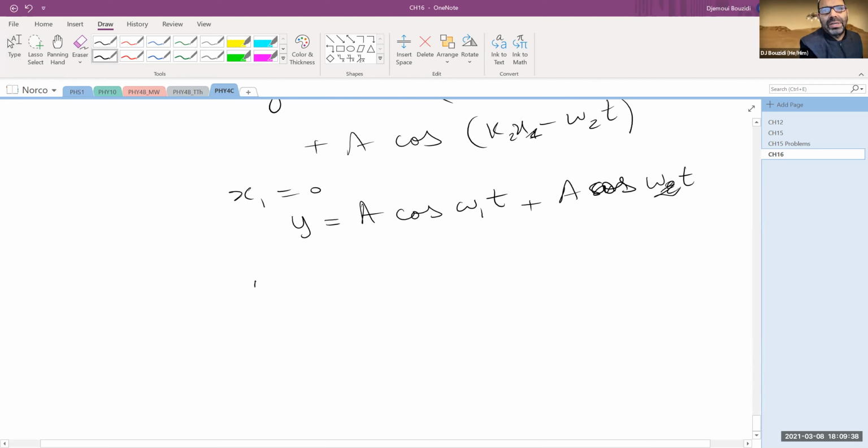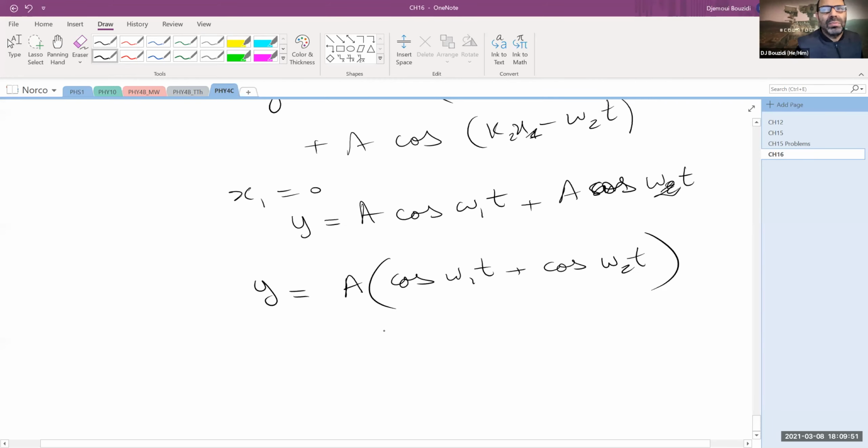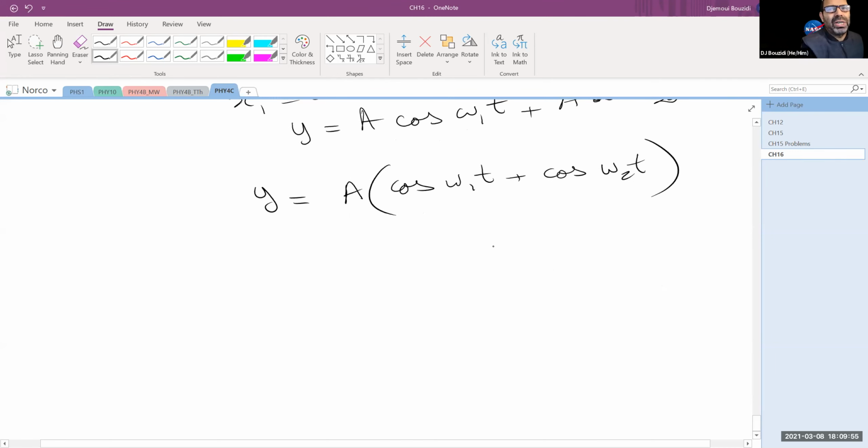So now I have to do this algebra in here. y is equal to A times the cosine of omega 1 t plus cosine of omega 2 t, in parentheses. I took the A out, by the way, okay? Here is something that I know from trig identities. I probably need to use the Greek letters again.